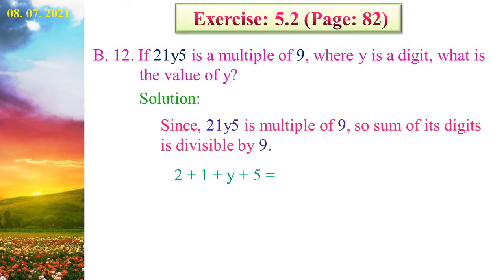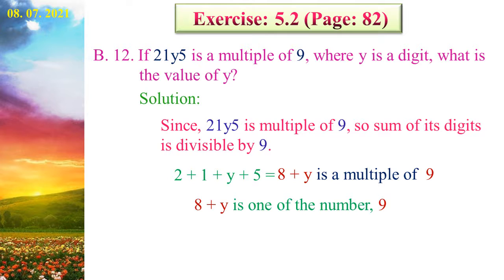When we add all the digits, that is 2 plus 1 plus y plus 5, we get the sum as 8 plus y. 8 plus y is a multiple of 9. Here, 8 plus y is the number 9. So, the possible number is y equal to 1.